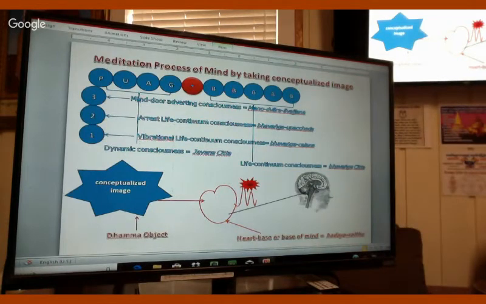At that time, the conceptual image appears, and maybe lighting appears. At first it is very strong, very shining lighting. So if you want Arupa jhana, formless-sphere, at that time the lighting is removed, meaning you pay no attention to that light.